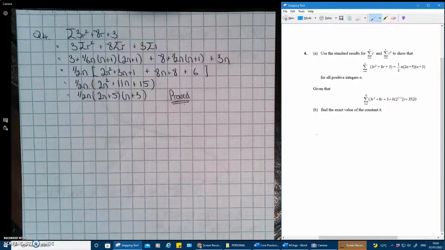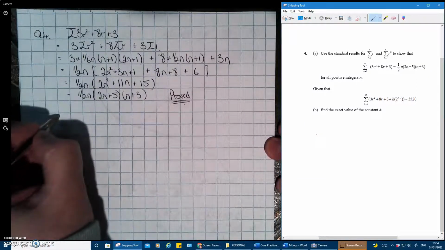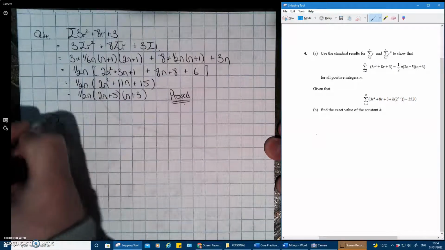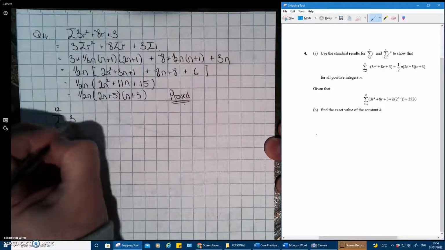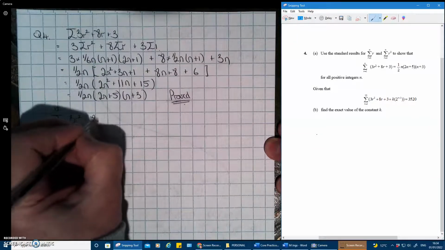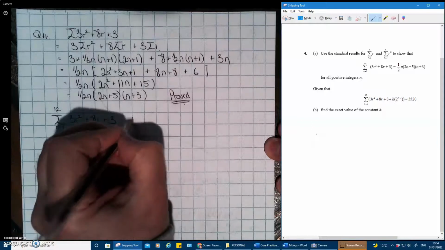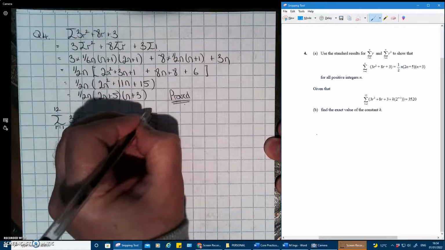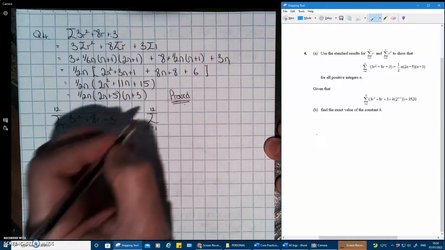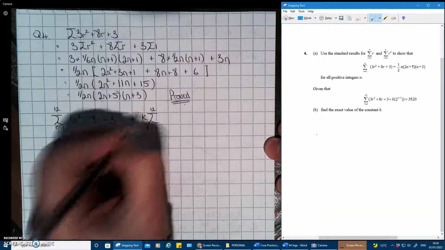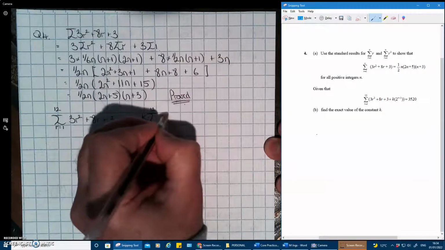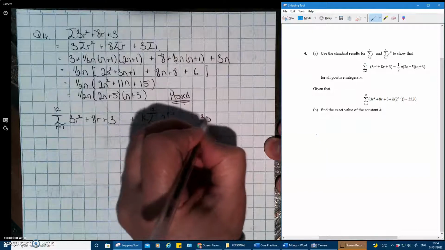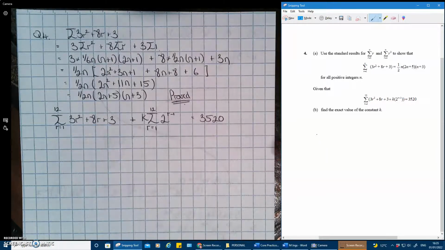Now the second part says, given that, we're told the sum r equals 1 to 12 of 3r squared, 8r plus 3, plus the sum r equals 1 to 12, I'll take the k from the front, 2 to the r minus 1 equals 3520.